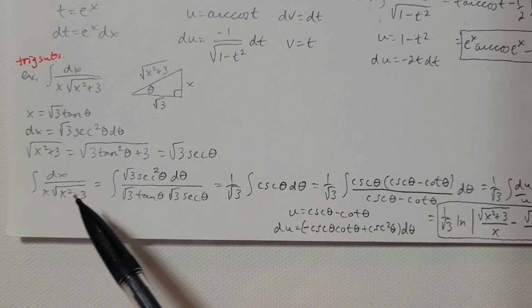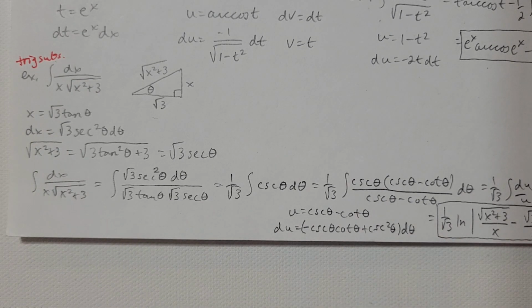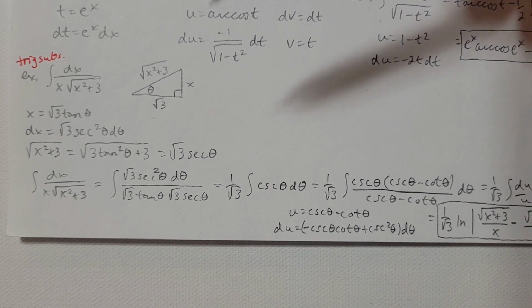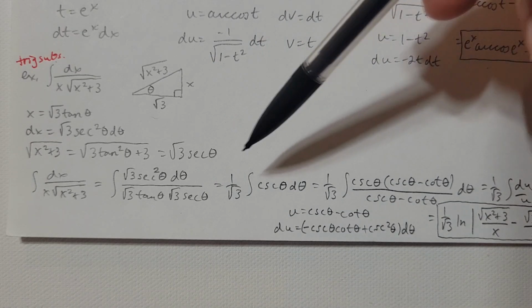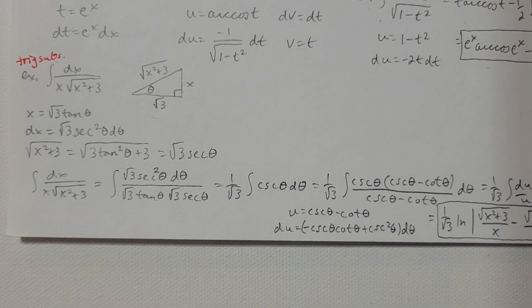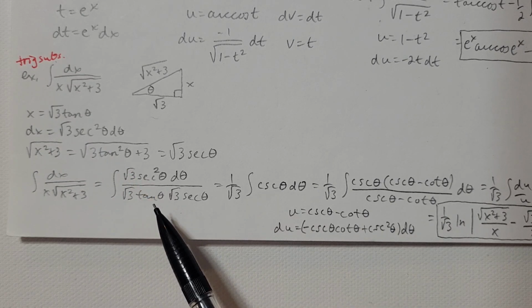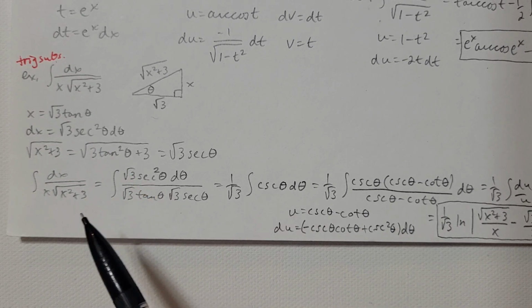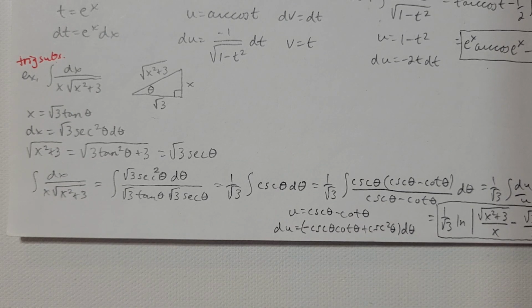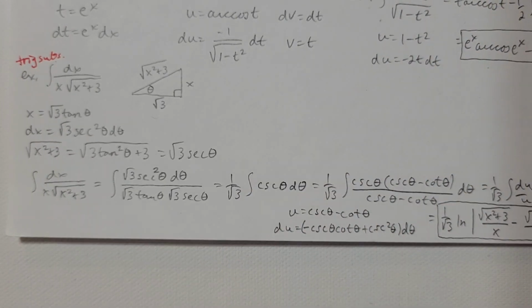Okay, and then when I fill in the integral with the substitution there, I had dx is root 3 secant squared theta d theta, divided by x, which is root 3 tangent theta, times the square root of x squared plus 3, that's root 3 secant theta.